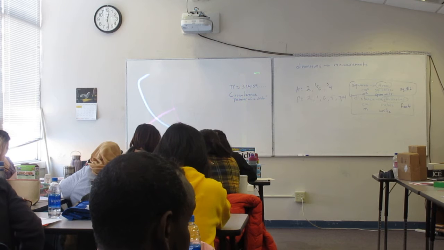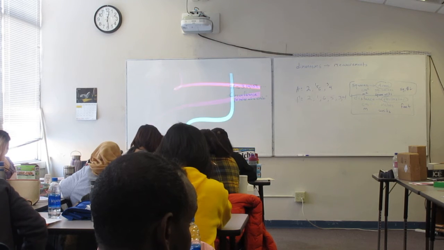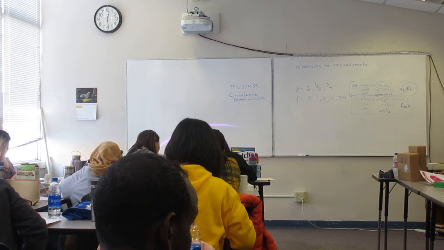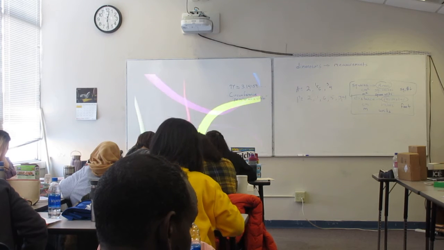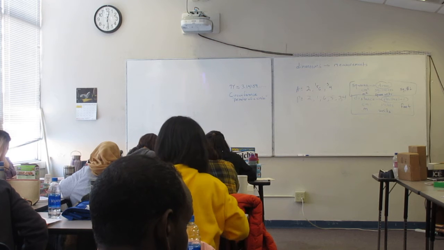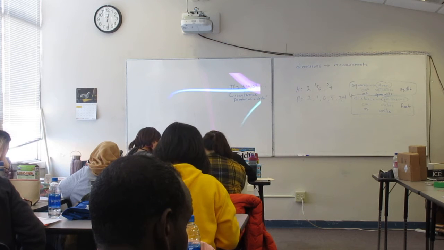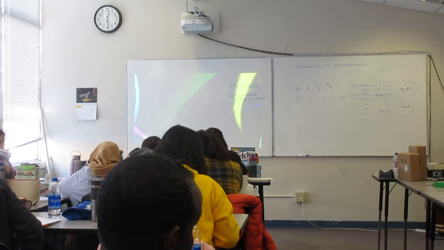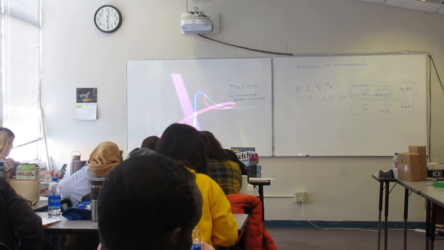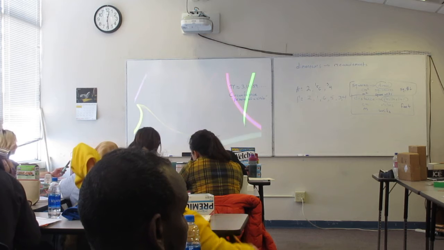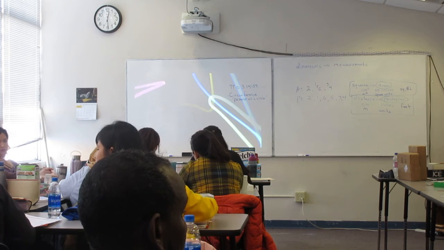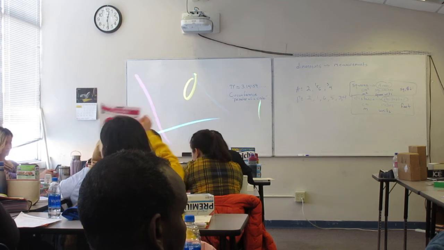If you start walking here, are you going to walk this way? No, you're going to go this way and this way, and so far that's this. Then where else are you going to walk? Here and here. So how far is this and how far is this? 20. There you go.